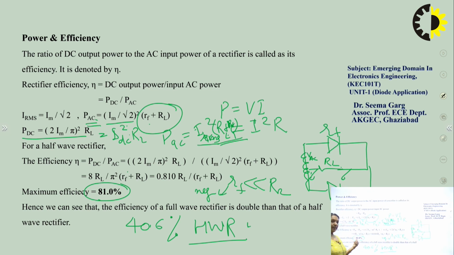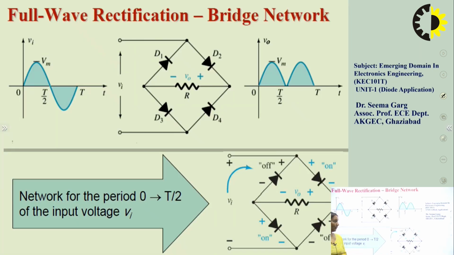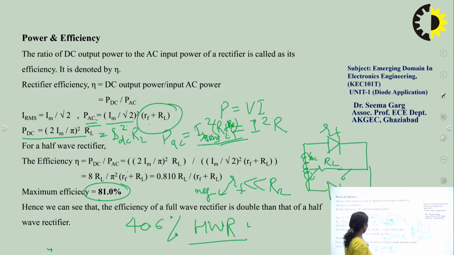So here again we can see that the efficiency is just 50% in case of the half wave rectifier in comparison to the full wave rectifier. So if you compare all the parameters of the half wave rectifier and full wave rectifier, then we can say that full wave rectifier has better performance in comparison to the half wave rectifier.